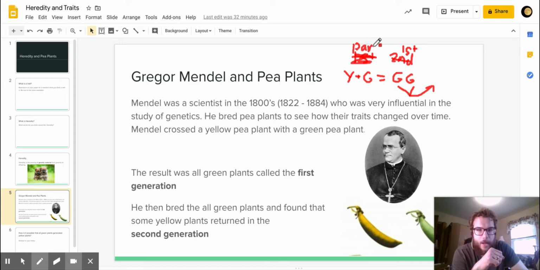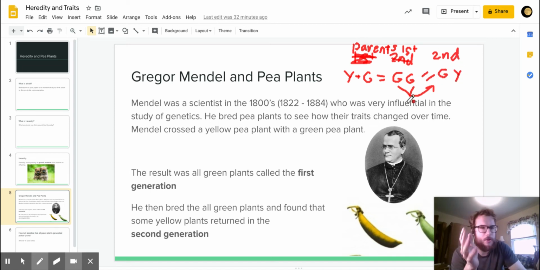Now, it's a little bit weird to get all green when you had some yellow and some green, but Mendel wasn't too sad about that. He just kept breeding. So he took the two greens and then he made a second generation in which he got some green and some yellow.